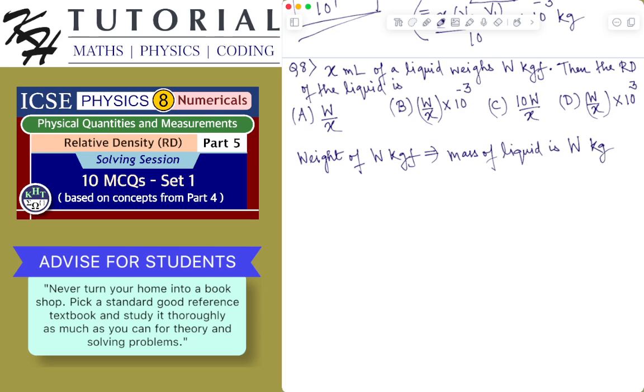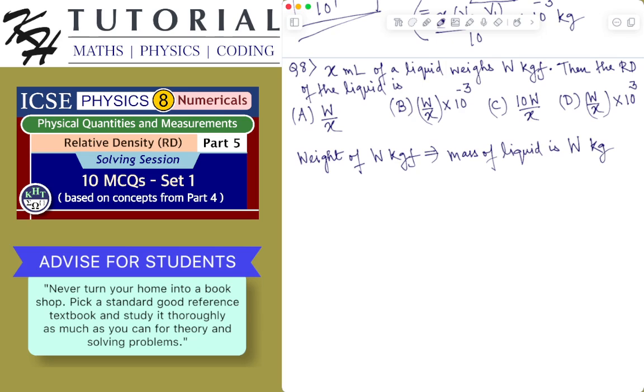So what exactly is W kgf? It is the gravitational force that is acting on a body of mass W kilogram, as simple as that. If it was W gf, then it would mean the gravitational force which is acting on a body of mass W gram.